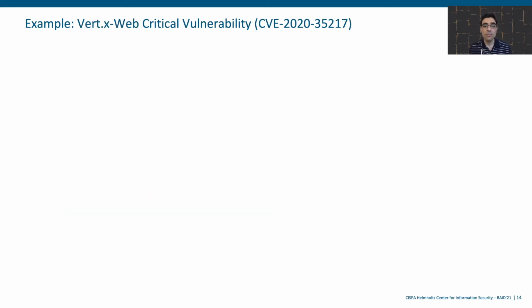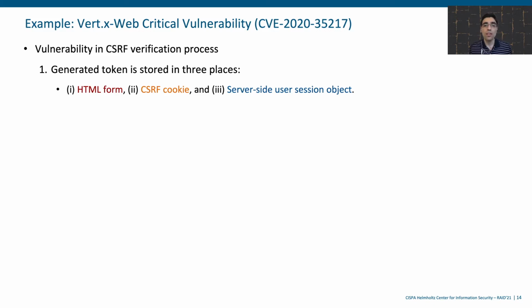Another example of implementation mistakes affecting the CSRF verification process is the logical security flaw in the Vert.x-Web web framework. In particular, whenever a token is generated in this framework, it is stored in three places: in the HTML form, in a CSRF cookie, and in the server-side user session object.